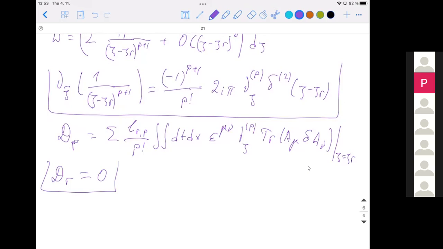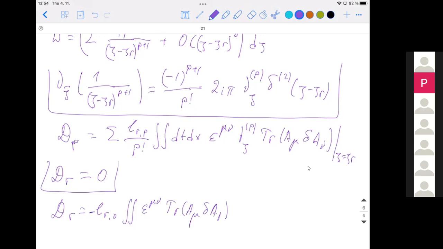So in this particular case, this dr, you can further write it as dl0 and mu trace A mu delta A mu, and then again. So maybe this comes with 0. Okay.